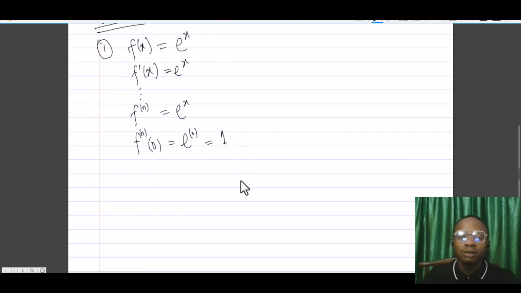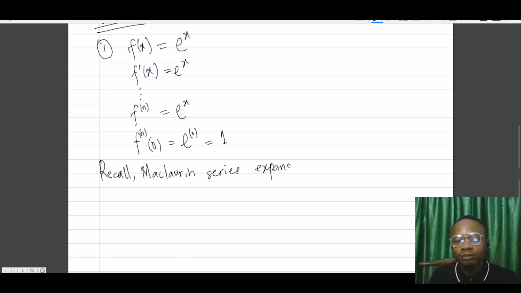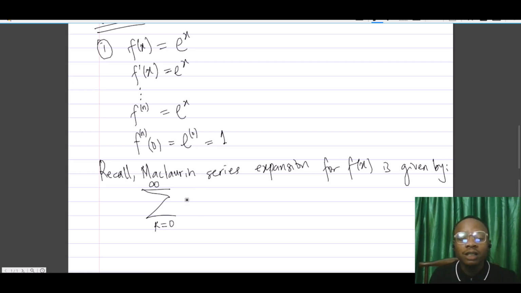Okay, and now you will recall the Maclaurin series expansion for f of x is given by this expression: the summation from k equal to 0 to infinity of x to the power of k, we got that earlier, divided by k factorial, multiplying the nth derivative of this.